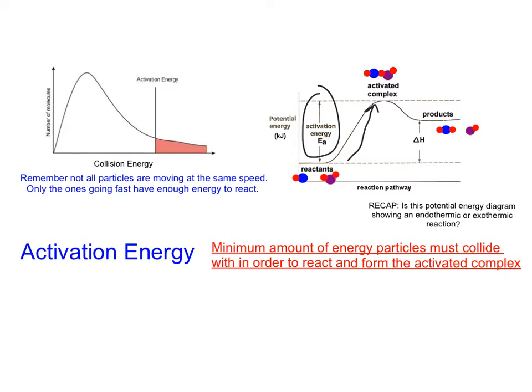The activated complex is this point in your graph, right at the very, very tip top of the hill, for the very brief moment in time where all of your old stuff is breaking, all of your new stuff is forming. The activation energy is the energy required just to get up and over the hill. Not everything can react. You have to have enough energy.